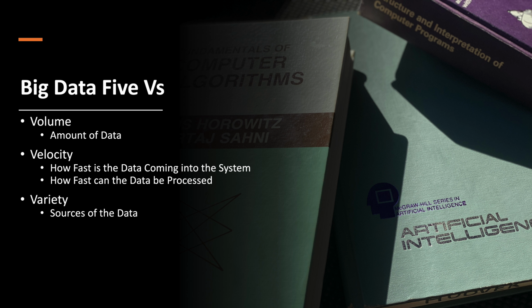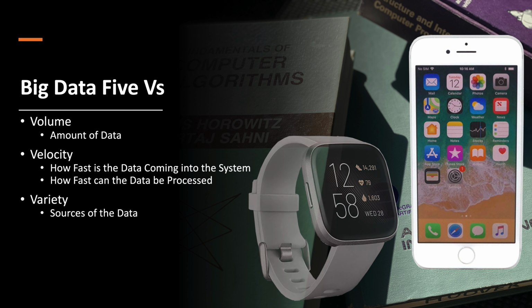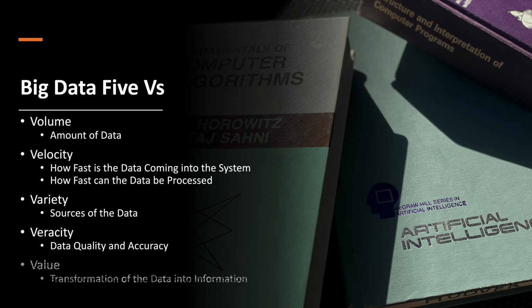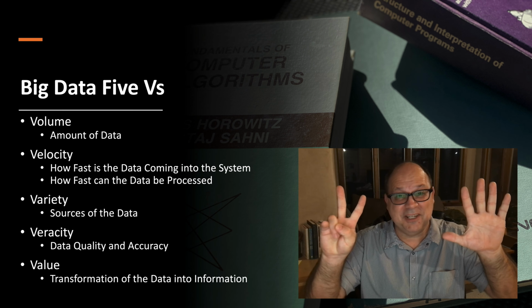Where is it coming from? Is it patient-generated data coming off of their Fitbits, their watches, their phones? The veracity of the data speaks to the quality of the data. Is it clean, accurate? Do we know its provenance? We talk about the value. Are we transforming this data into information about the patient? And those are the big data 5 V's.